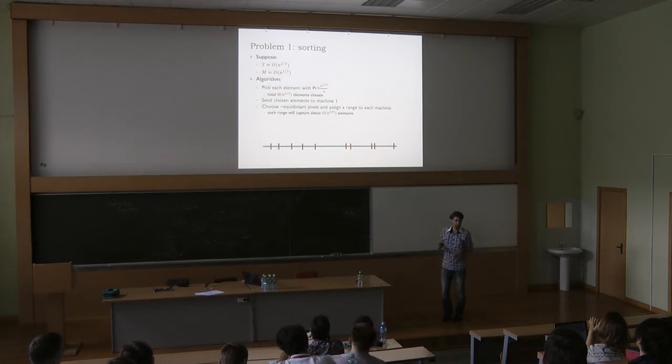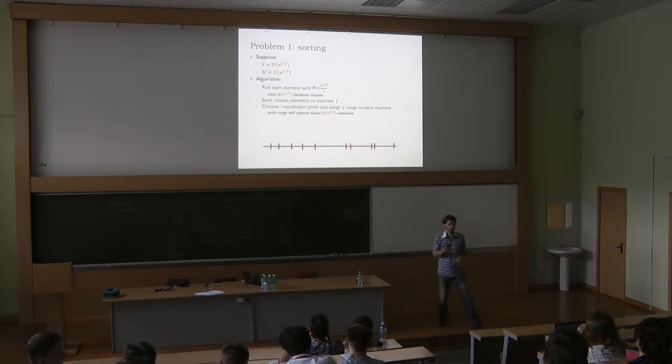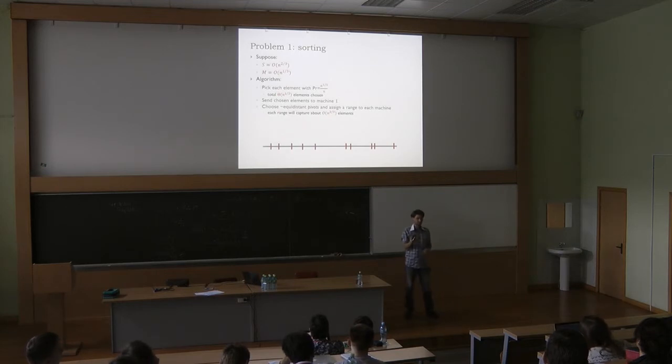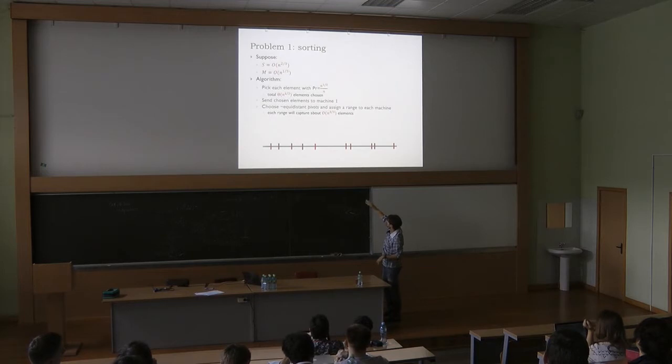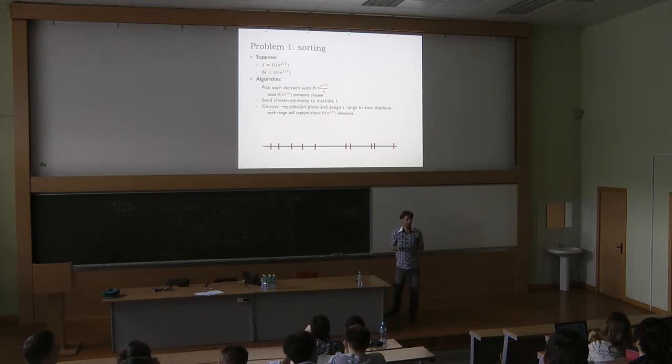You just sort those numbers, and you need to choose, for example, suppose the number of machines were 4. Basically, if the number of pivots is p, we'll choose p over 4 to be the first pivot, p over 2 to be the second pivot, and 3/4 p to be the third pivot.